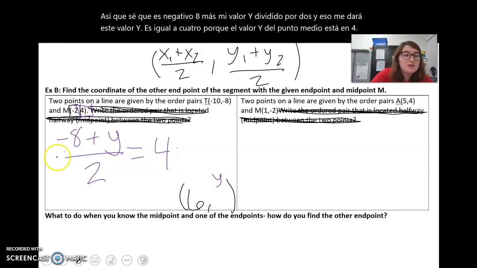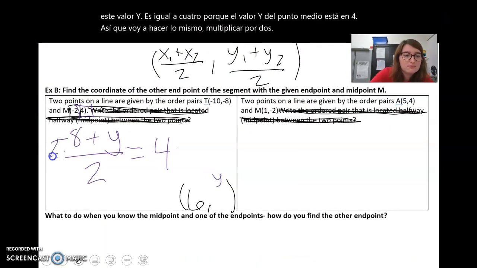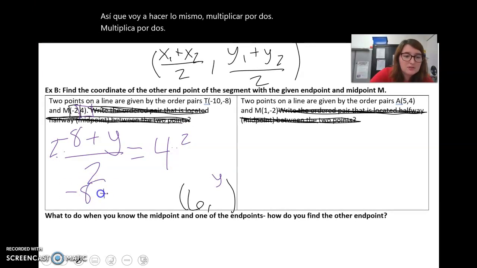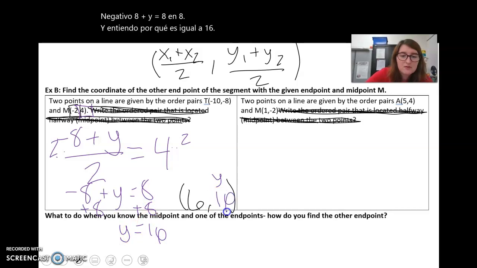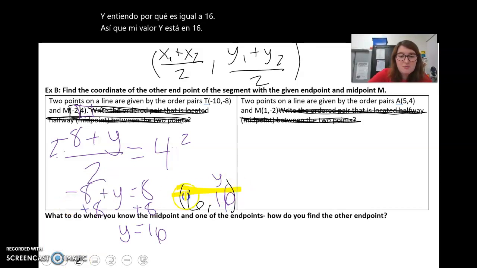So I'm going to do the same thing. Multiply by 2. -8 plus y equals 8. Add 8. And I get y equals 16. So my y value is 16. This is my other endpoint, 6, 16.